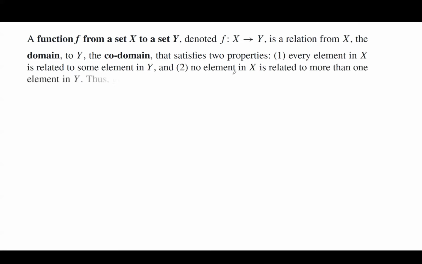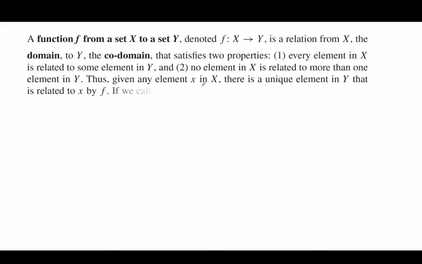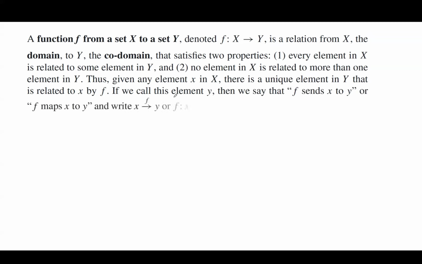And number two, no element in the domain is related to more than one element in the codomain. So given any element like x in the domain, there is a unique element in Y that is related to x by f. If we call this element y, then we say that f sends or maps x to y. We write it this way: x is mapped to y by f, or f maps x to y.